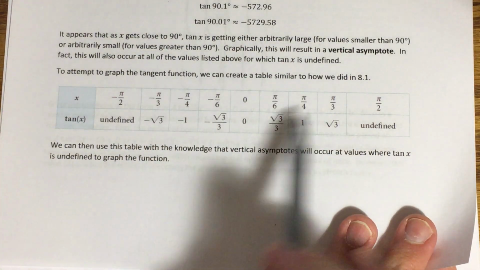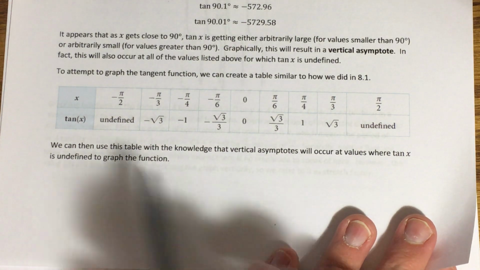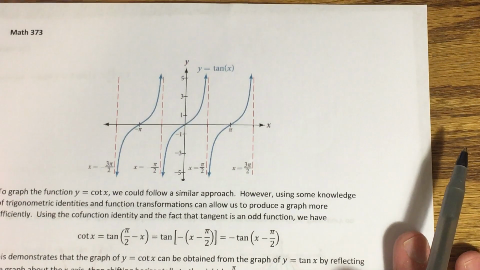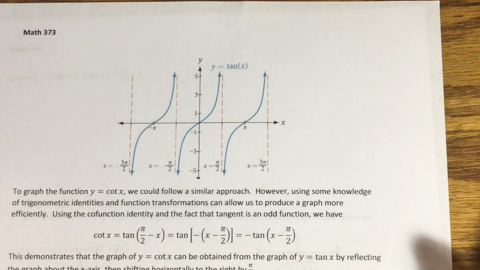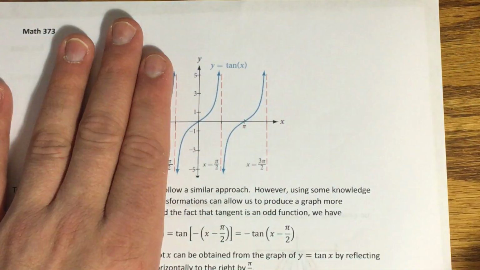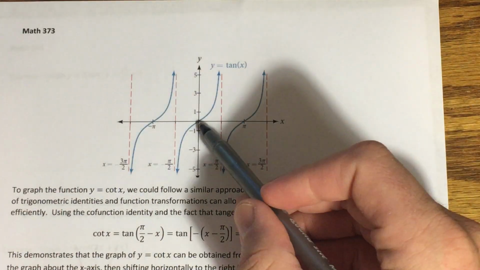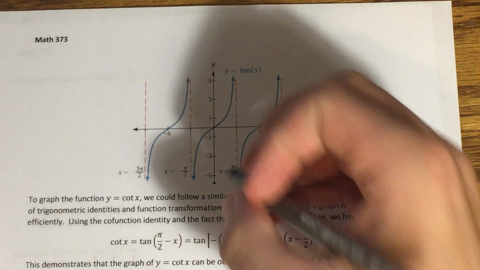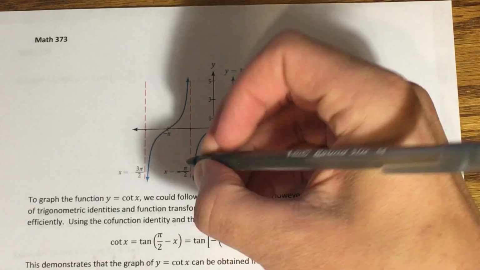So if we plot these points, and then remember that these produce what are called asymptotes, we get the graph of our tangent function. Now the part that we would have gotten from the table is actually just this guy here in the middle. And again, you notice for values between negative pi over 2 and 0, these are negatives right here.